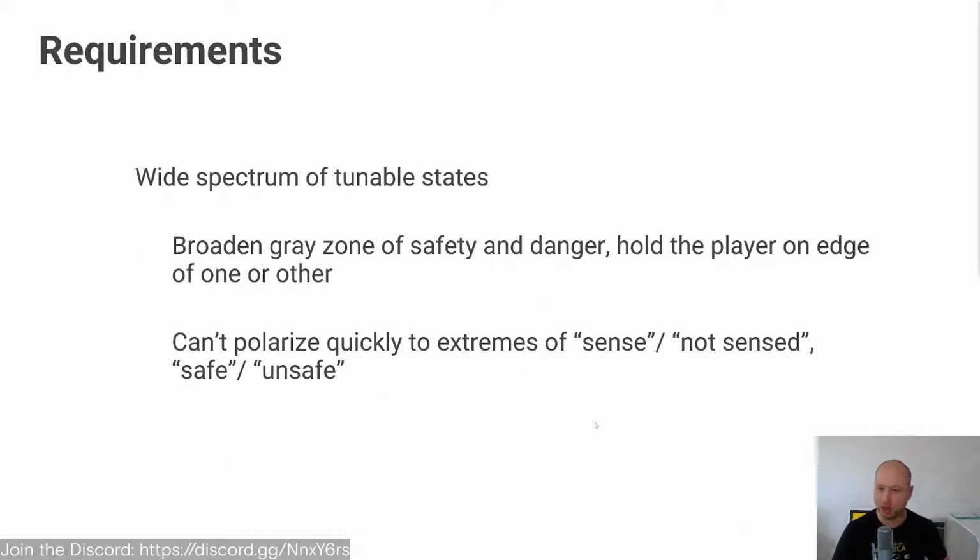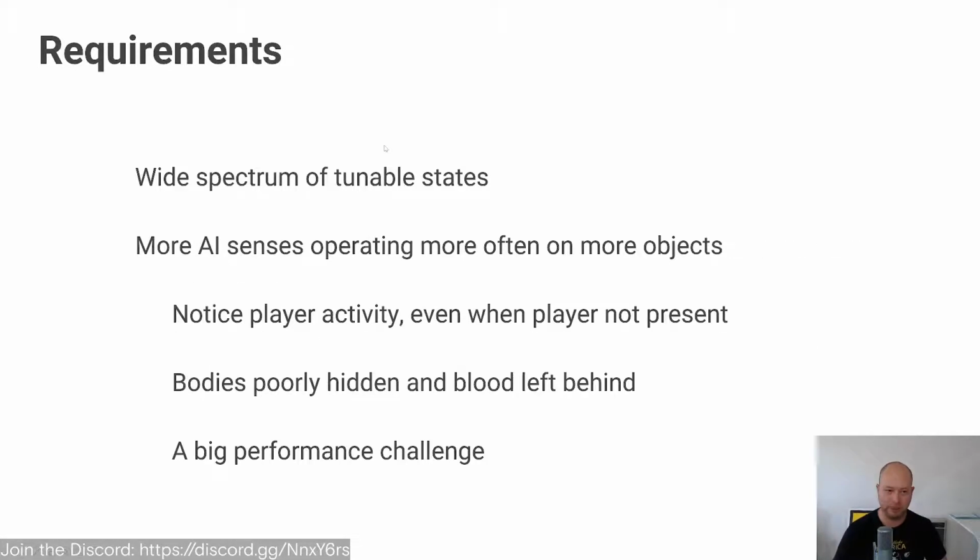Okay, so some requirements, as we mentioned, we may have some spectrum we want to deal with. We also may want to operate on a variety of different objects, and more often we'll notice some player activity even when the player's not present. We want to notice maybe things like blood on the ground. More notably, I think, is shadows, right?